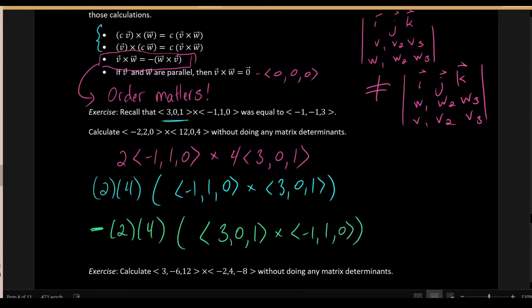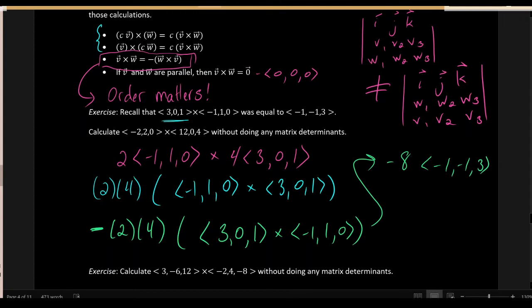So, what have we learned? We've learned that the cross product of -2, 2, 0 with 12, 0, 4 is equal to a scaled version, scaled by -8, of the vector that we calculated in the previous exercise, -1, -1, +3.